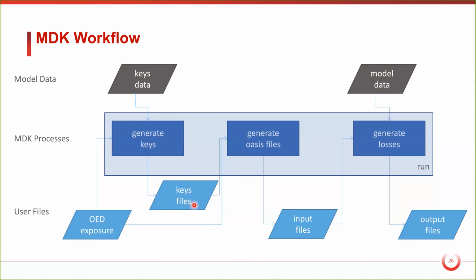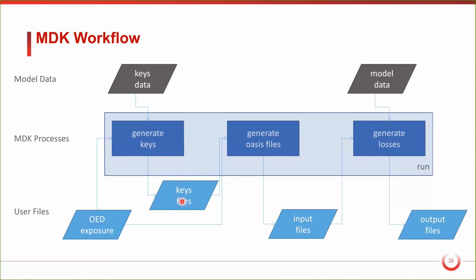So it might be that we put in some locations that aren't covered by the model for some reason. We also get out in these keys files a set of what we call error files, which are, this location is not in the geographical realm of the model, or it's not a particular type of occupancy type that we cover in this model.